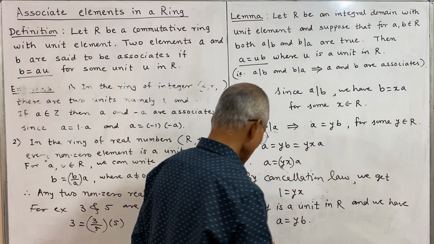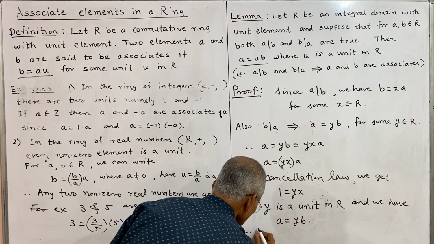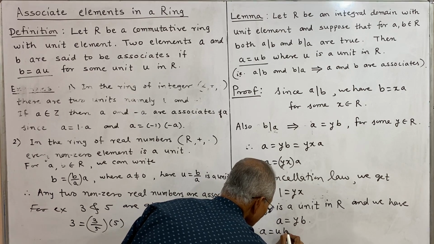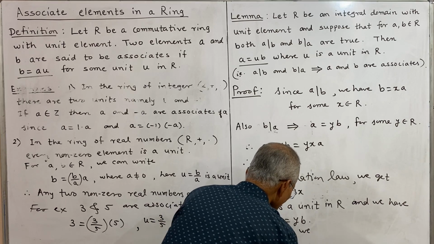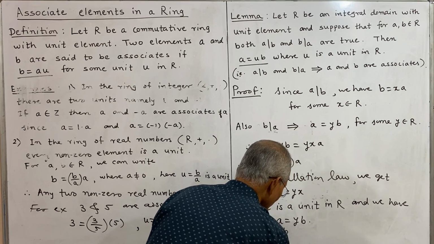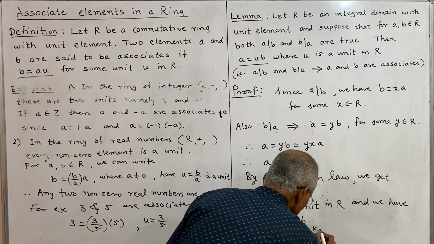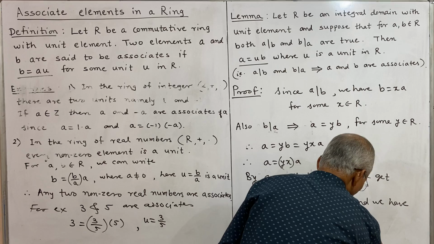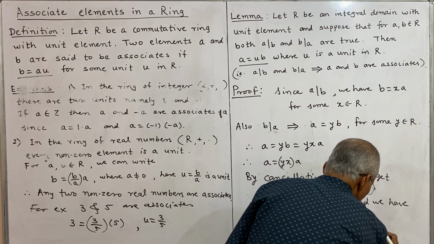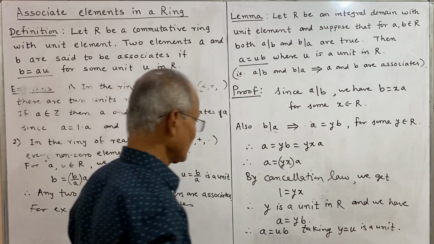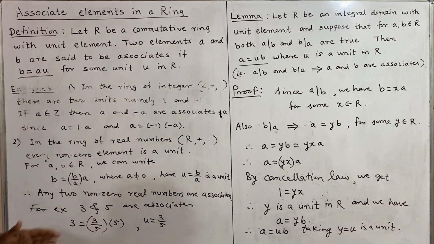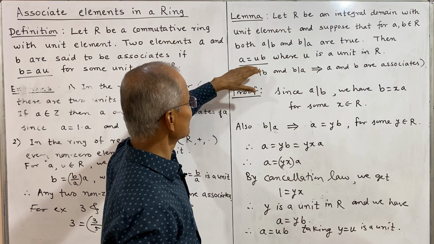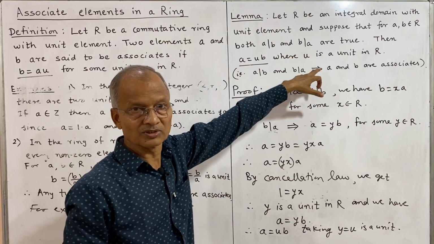Thus a is equal to ub, where taking y as the unit, y is equal to u is a unit. So thus this proves the lemma. If a divides b and b divides a, then a can be written as ub, where u is a unit in R.